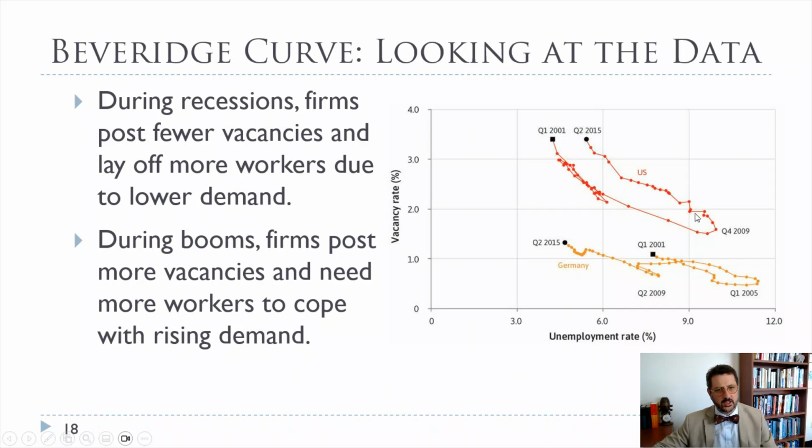And then when we come back, we actually have a higher vacancy rate for a given unemployment rate. And that's something that we have to think about in the data. I think that might be related to the internet and online jobs being easier to post. But the relationship stays the same. The interesting thing is that the United States has shifted up compared to Germany.